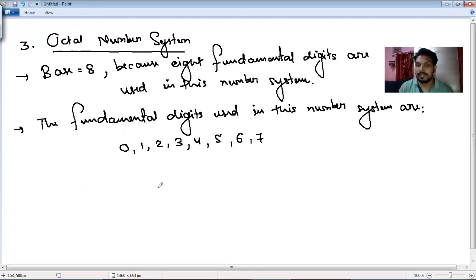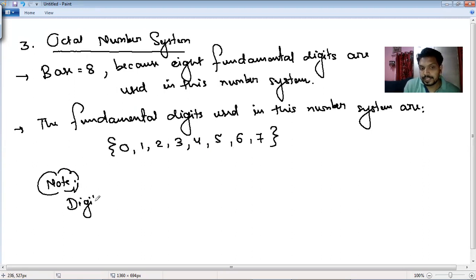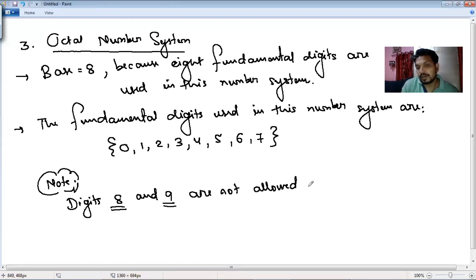From 0 to 7. Note: digits 8 and 9 are not allowed in octal number system.